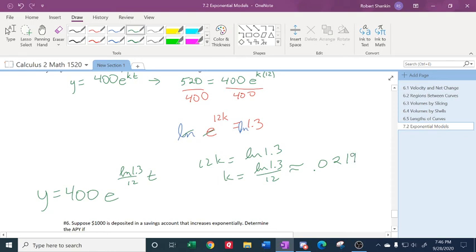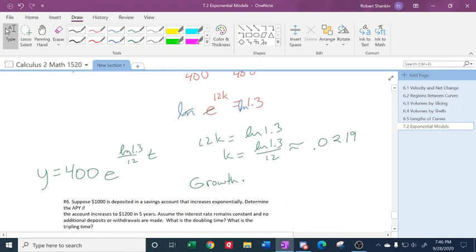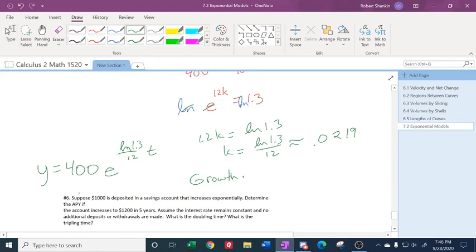I round that off. And what kind of a growth rate was this? Instantaneous. The instantaneous growth rate is 2.19%.